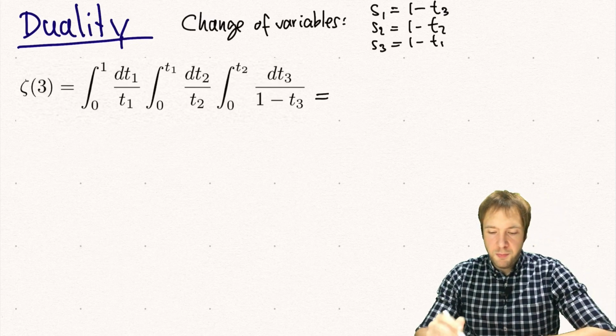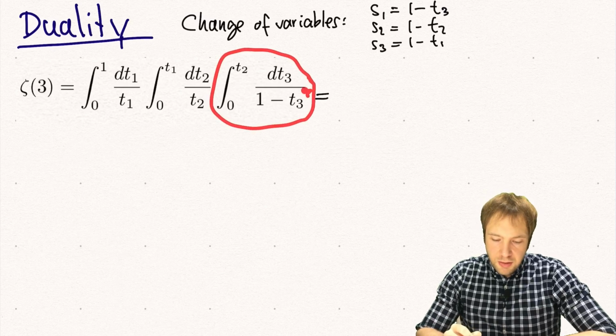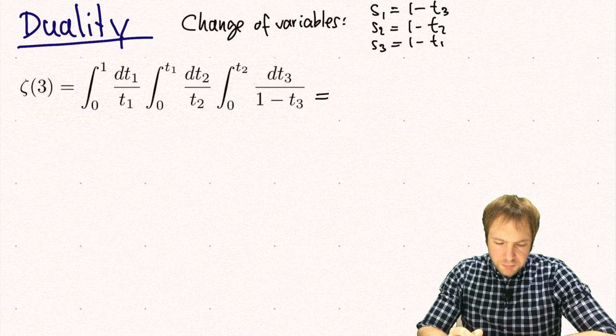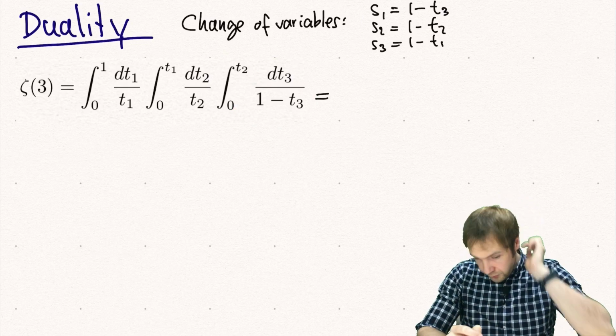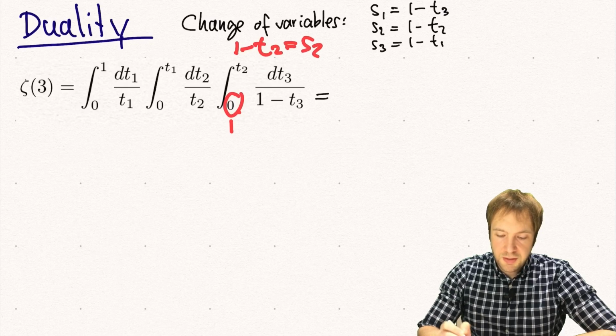So therefore, if we make this change of variables here, what happens to this integral? Well, this 1 minus T3 just goes to S1, dt3 goes to minus ds1, and here the integral will go to 1, and this here will be 1 minus T2, but 1 minus T2 is just S2.